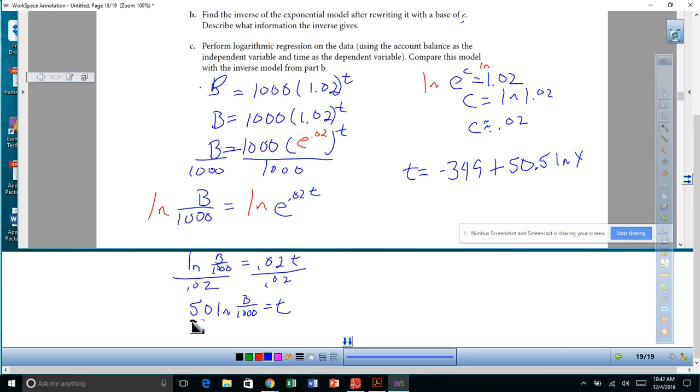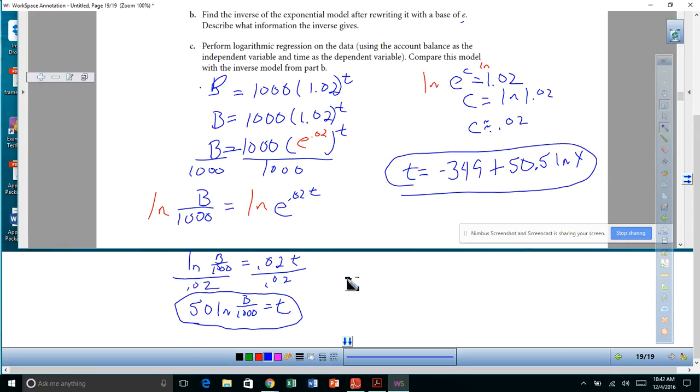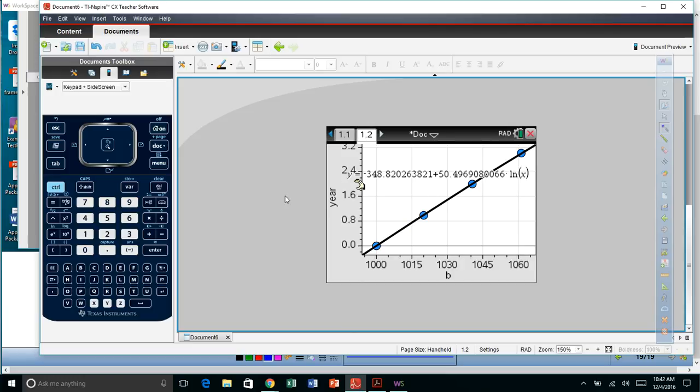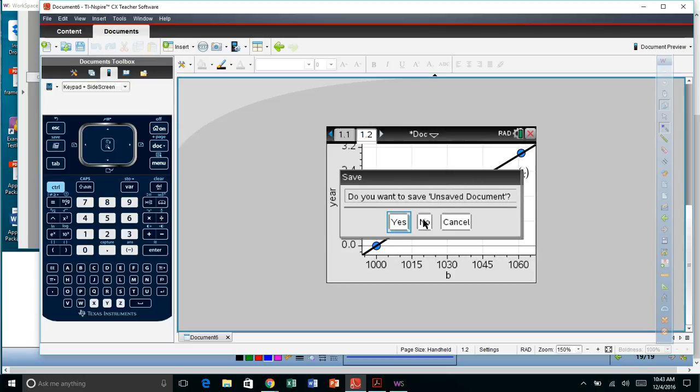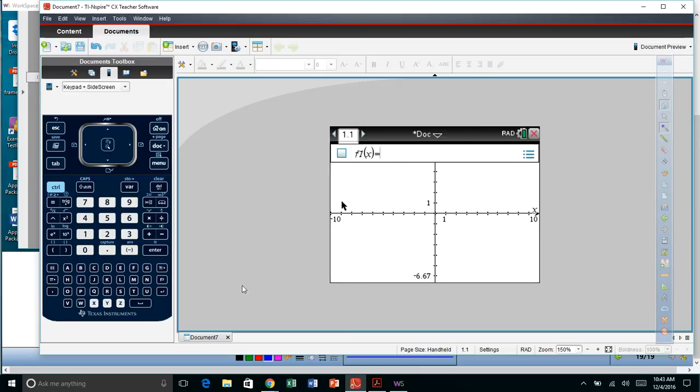So this is what we got by hand, and this is what the calculator gives us with logarithmic regression. Let's do it on the graph.